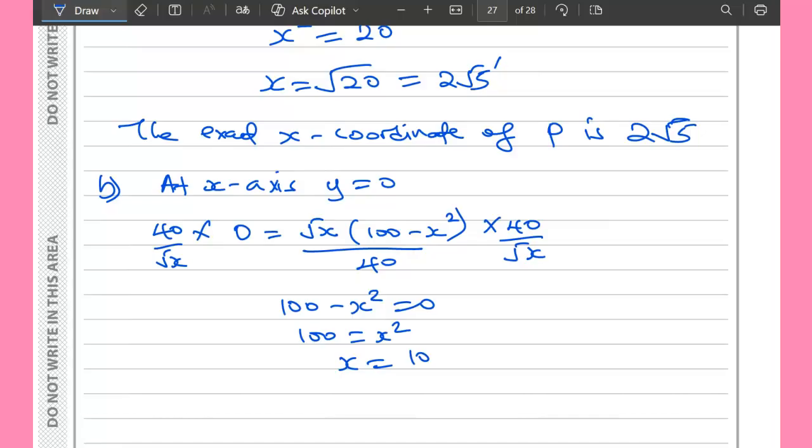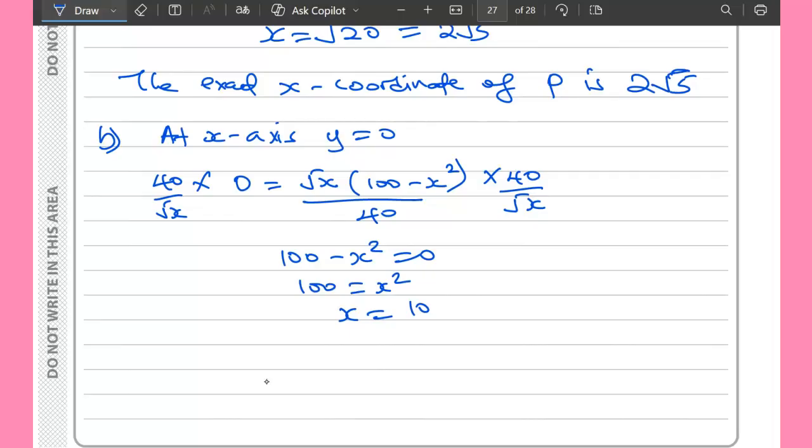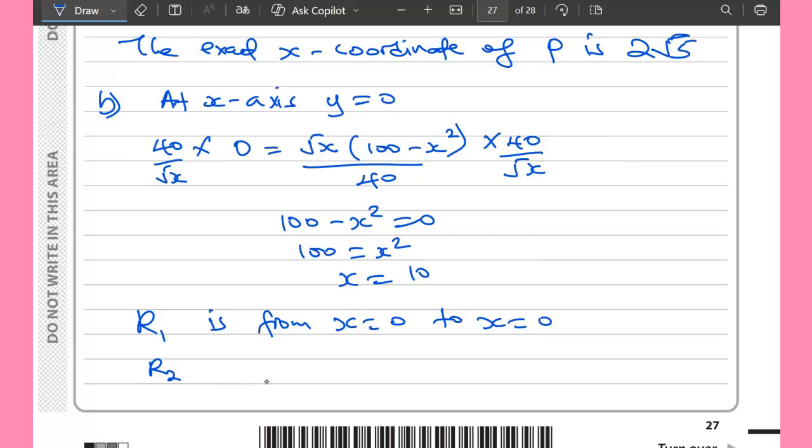So this means that region R1 is from x equals 0 to x equals 10, and region R2, which is below the x-axis, is from x equals 10 to x equals k.